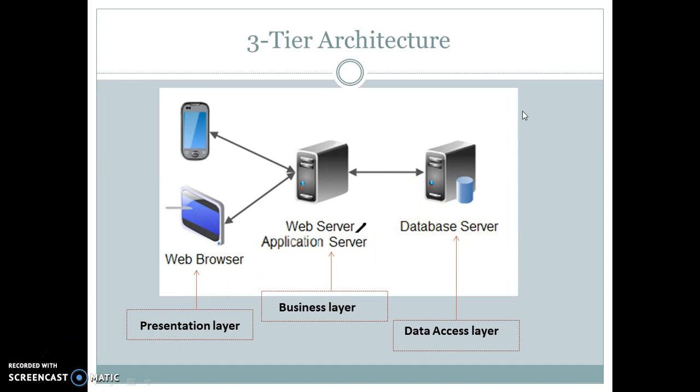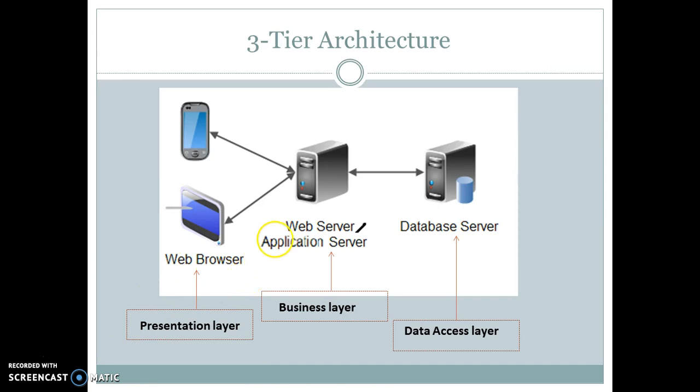Three-tier architecture has the following advantages. First, the client is a thin client, that is, it does not require huge processing power because only the presentation layer is present on the client.